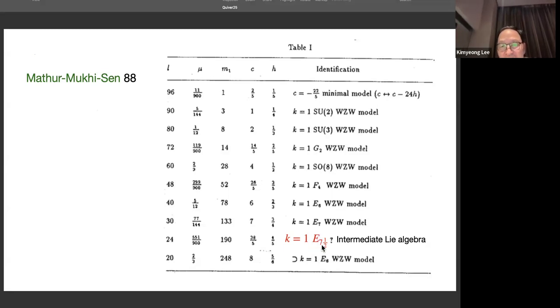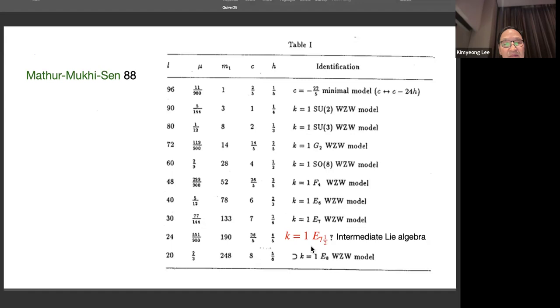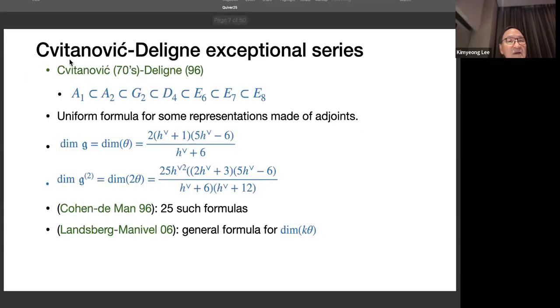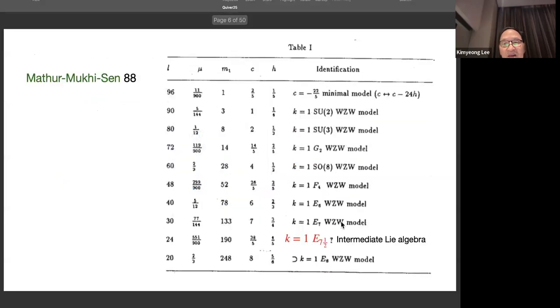Now, there's one gap which was unknown, and is now identified as a level 1 E7.5 Wess-Zumino model. E7.5 is not a Lie algebra. It's something called an intermediate Lie algebra, and I don't understand its detailed algebra. But its dimension is 190, and the dual Coxeter number turns out to be 24. Now, Vogel and Deligne studied this series of Lie groups independently.